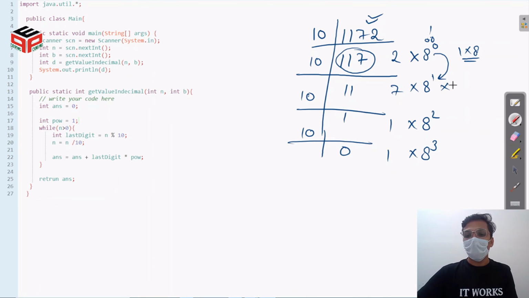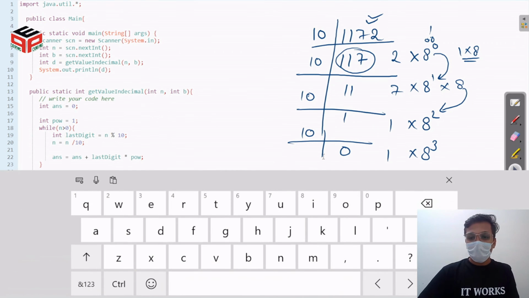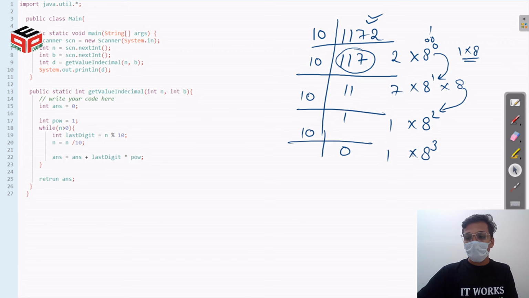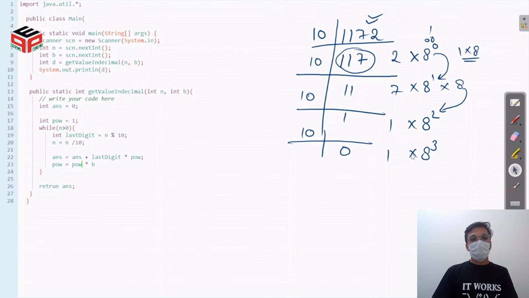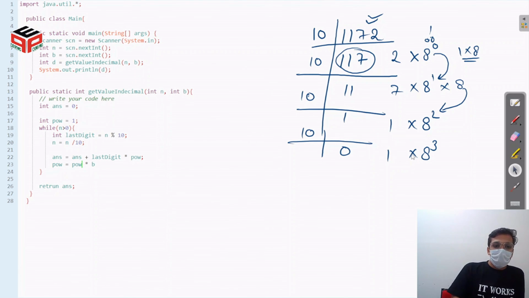After that, when we multiply 8 by 8, we get 8 raised to power 2. So after each iteration, we have to multiply power with the current base. That is how our code is going to look.